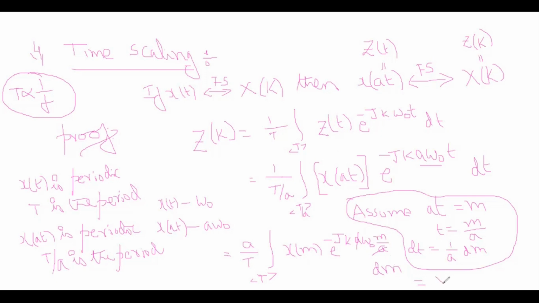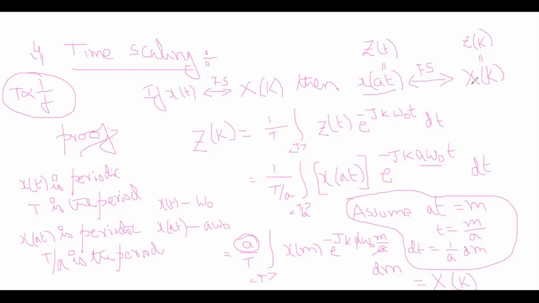Simple, it is the capital X of k, when this a is equal to 1. Otherwise, it is 1 by the magnitude of a, and a gets cancelled there, until finally we have X of k only.